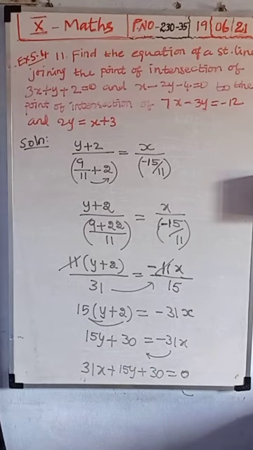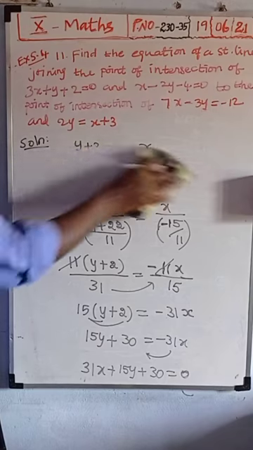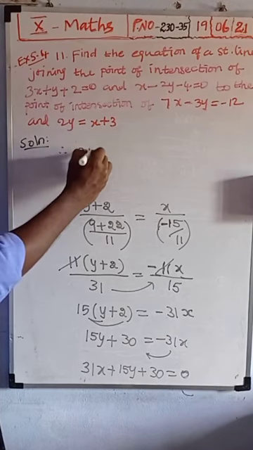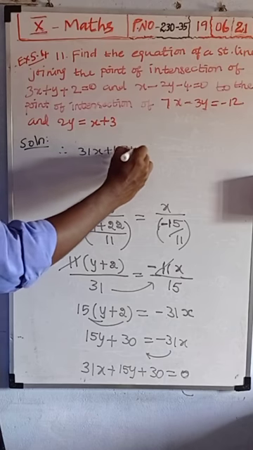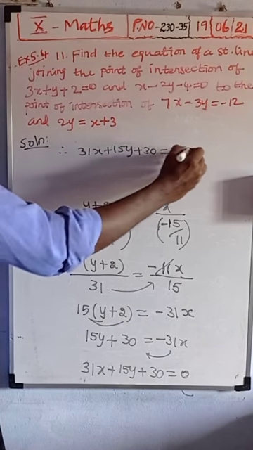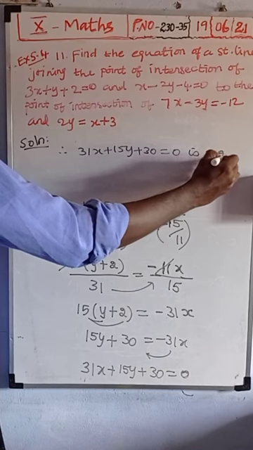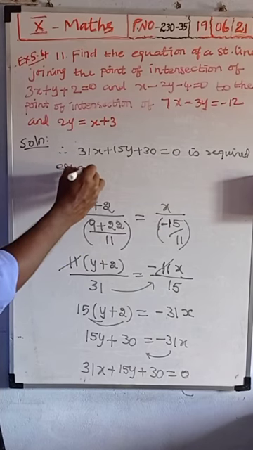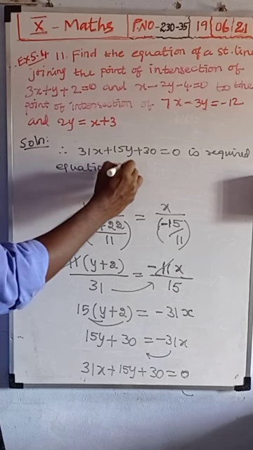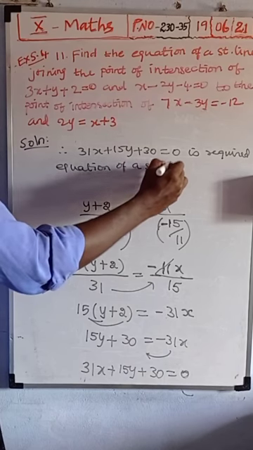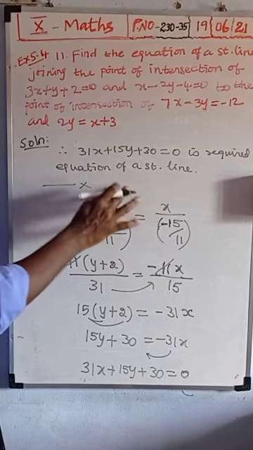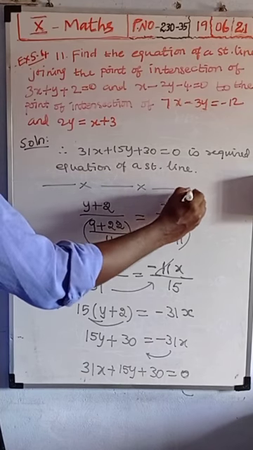Therefore, 31x plus 15y plus 30 is equal to 0 is the required equation of a straight line. Okay, that's all. Here four line equations are given.